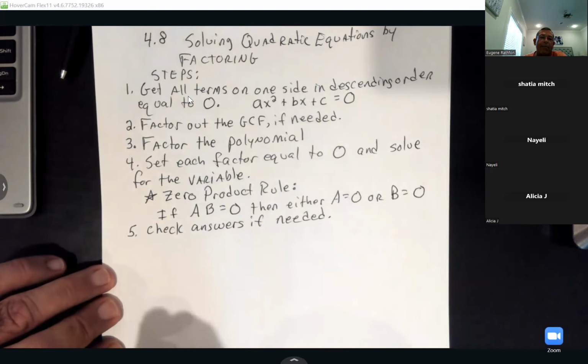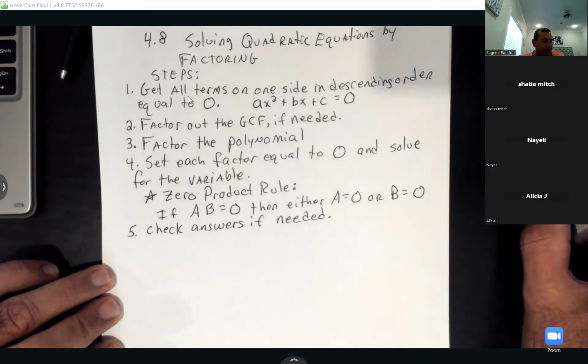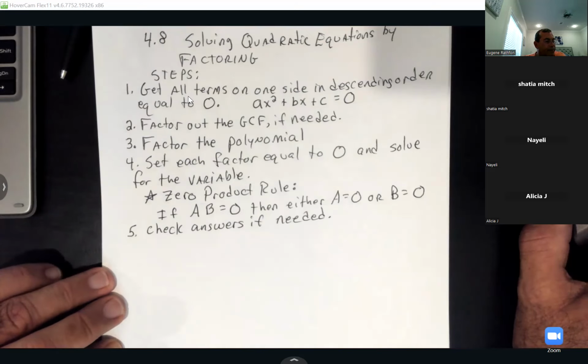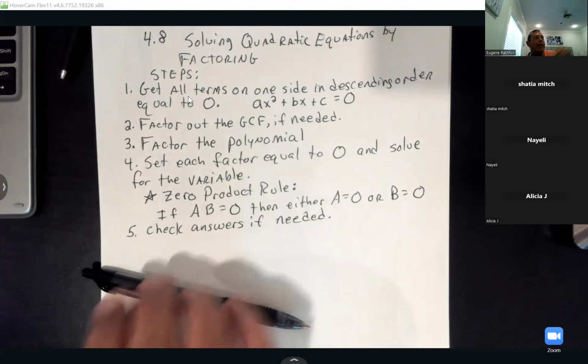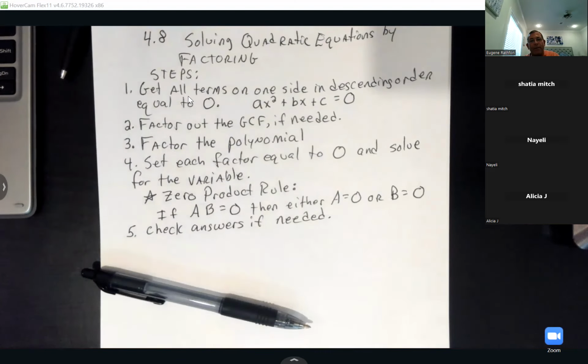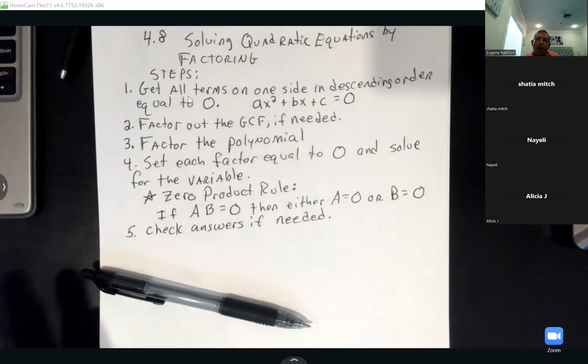If it's a true statement, then I'm good to go. So y'all, I'm gonna let y'all write them steps real quick, and then we will start solving some equations. You learned all that factoring in Chapter 4 so that you could solve these equations.